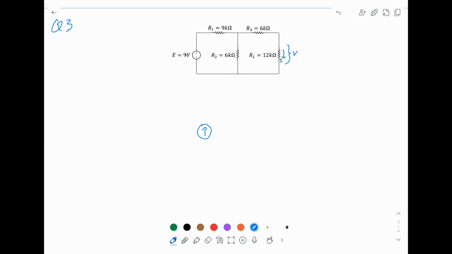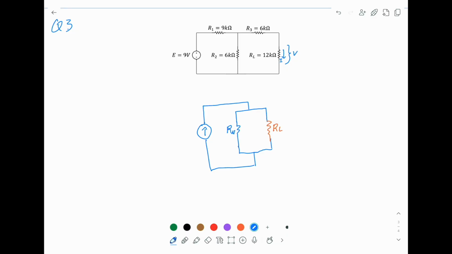Then we assume this current splits into two paths. The first goes through the so-called Norton resistor, and the second one will be our load, RL. So this is how we imagine this case.